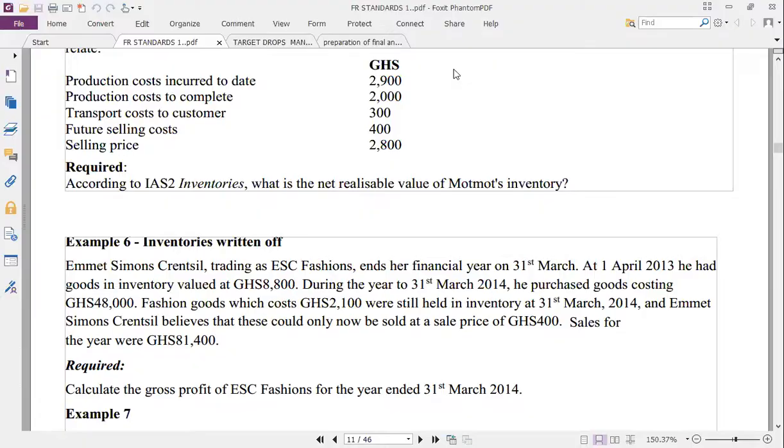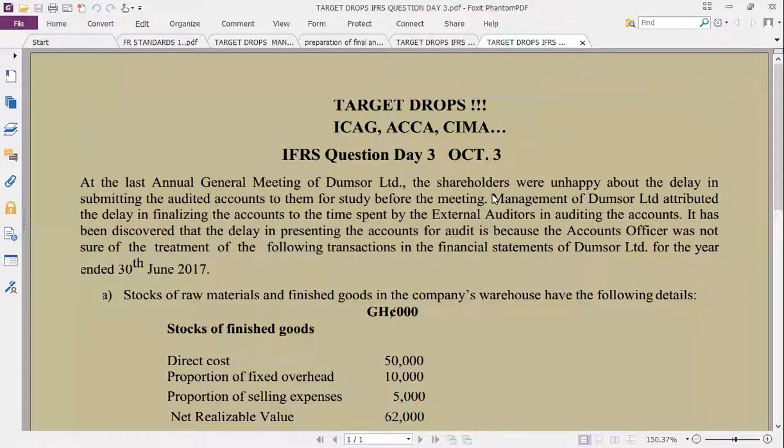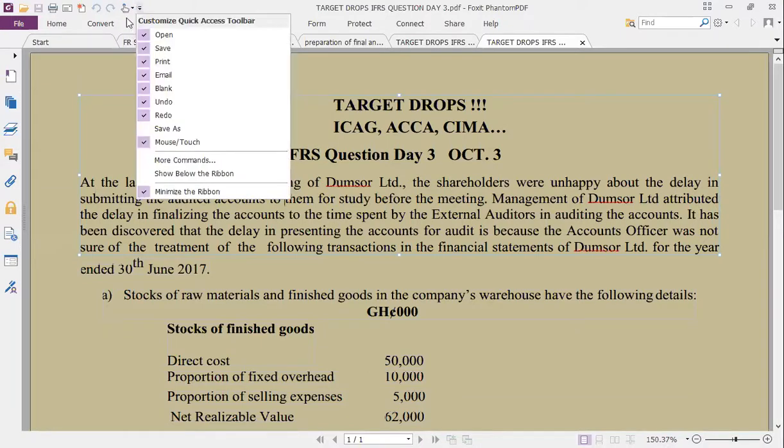Good. So that is the trial question. Kindly try them and then you'll be fine. But let me go through the drop, go through for me and you'll be fine. So for the stories there, let me just go straight to the main point.